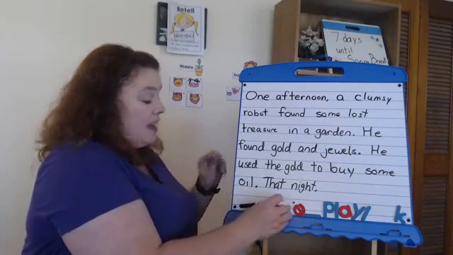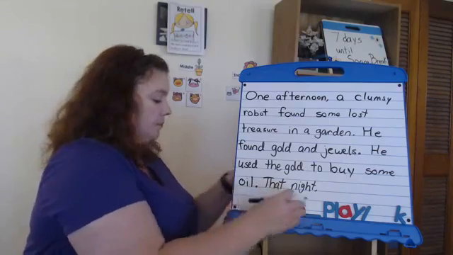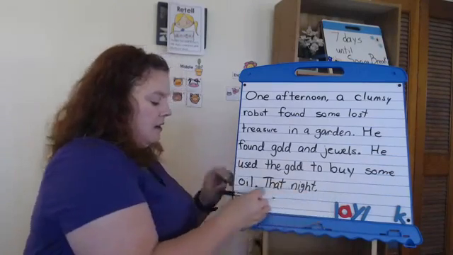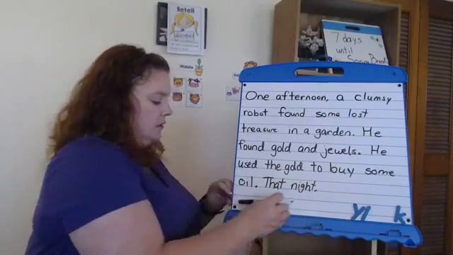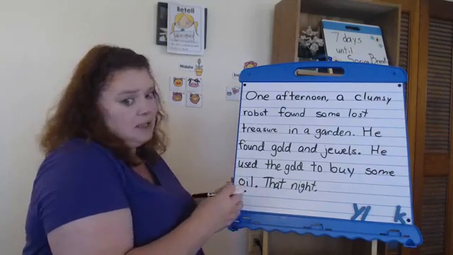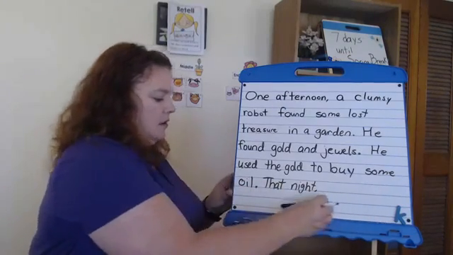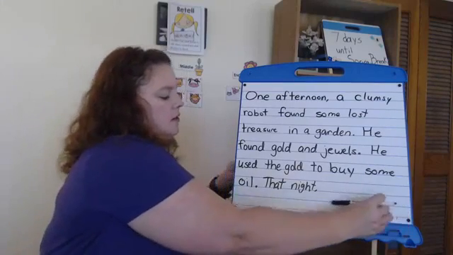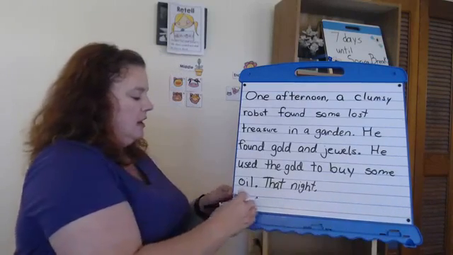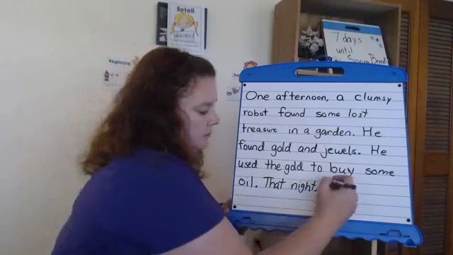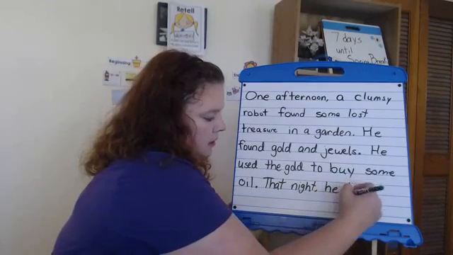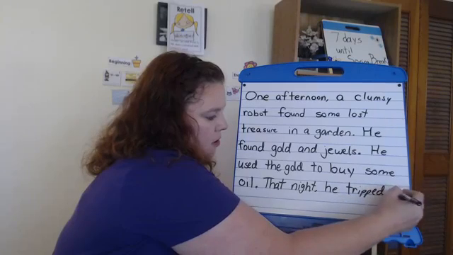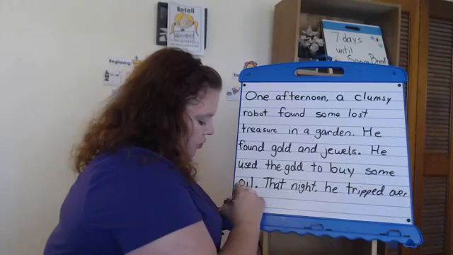So I could say that night, he tripped. Because remember we said he was a clumsy robot. So that night, he tripped over the jewels.